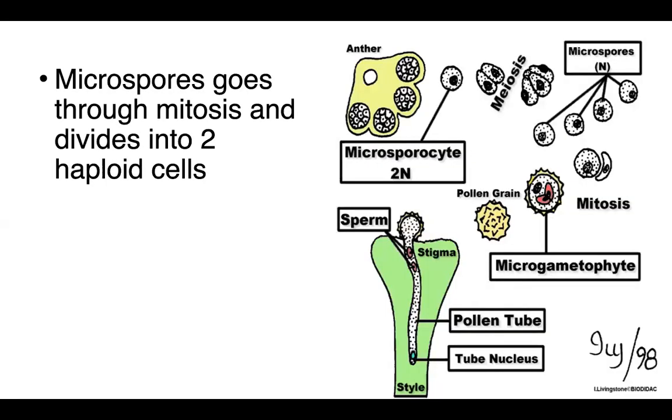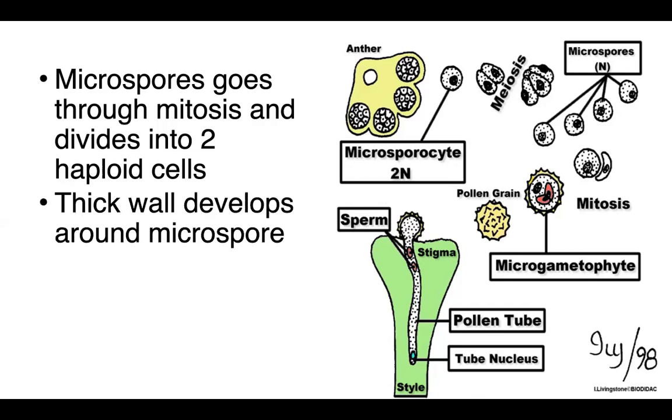The microspores go through mitosis and divide into 2 haploid cells. A thick wall then develops around each microspore. So from here, we go through mitosis. And we form, so these are 1N, so now we have 2 1N cells. And then the cell wall develops around it to form the pollen grain.